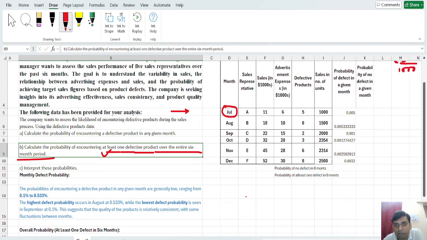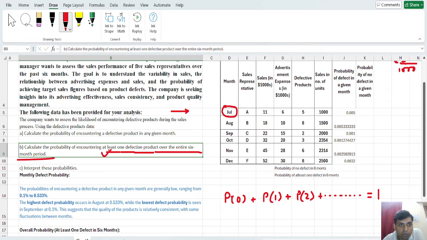In case of defect, there may be zero defect, which means no defect, there may be chances of one defect, two defects, and multiple defects. The total probability of these is 1.